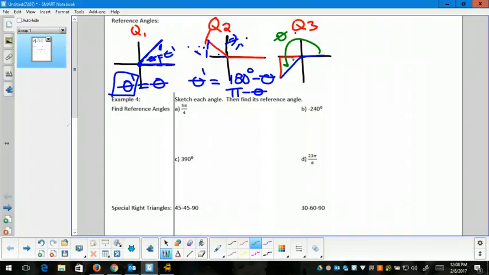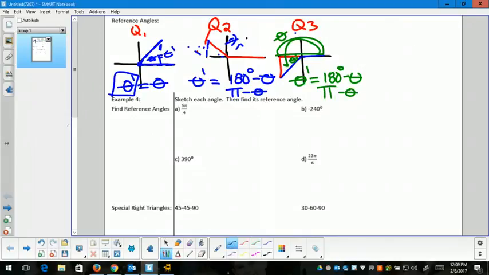I want this little reference angle, theta prime. I only want this little piece right here. So I want to ditch half of the circle, or pi radians, 180 degrees. So theta prime, our reference angle, is theta minus 180 degrees, or theta minus pi.